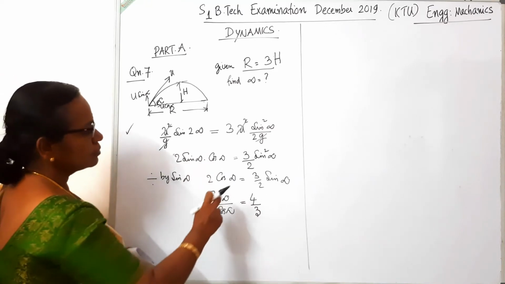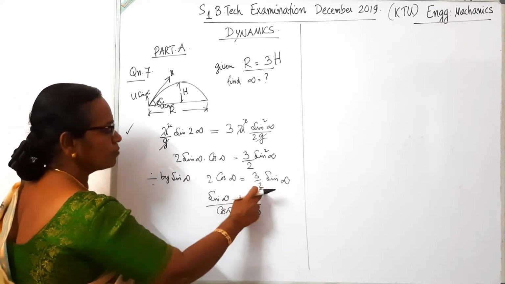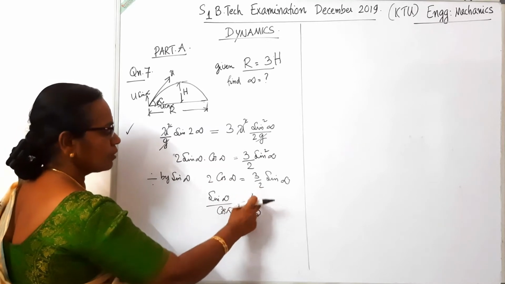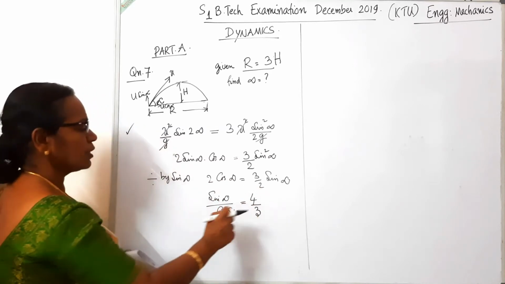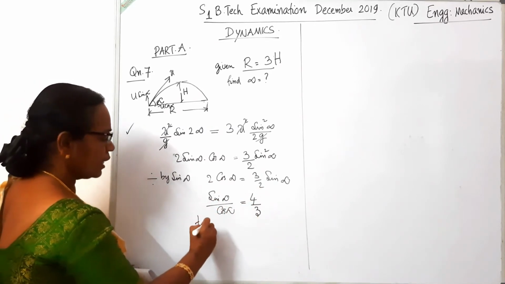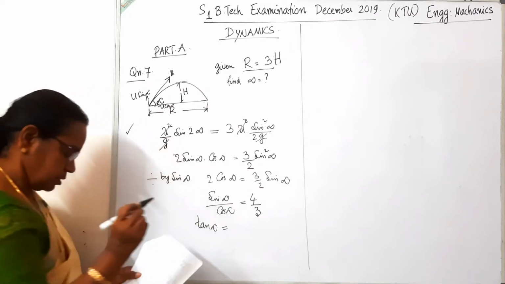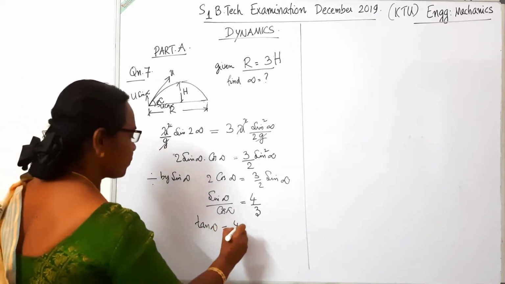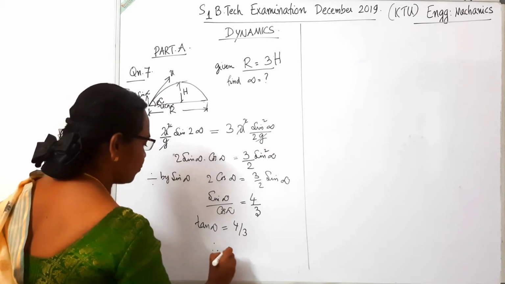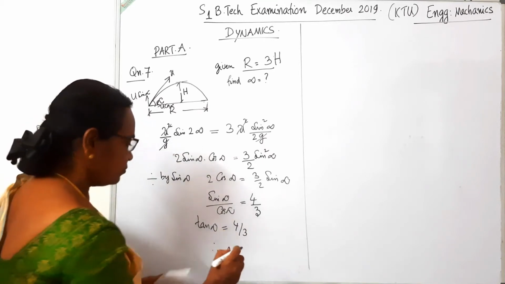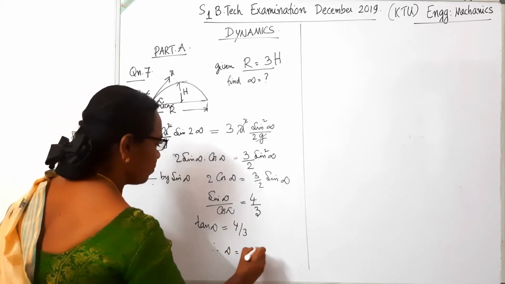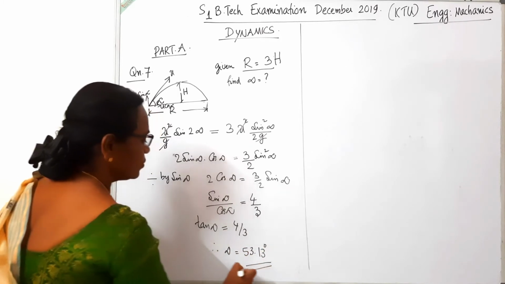So tan alpha is equal to 4 by 3, and therefore alpha is equal to 53.13 degree. So it is 3 marks.